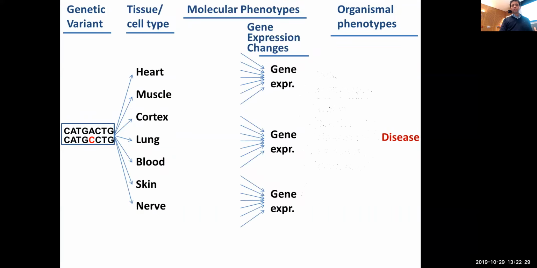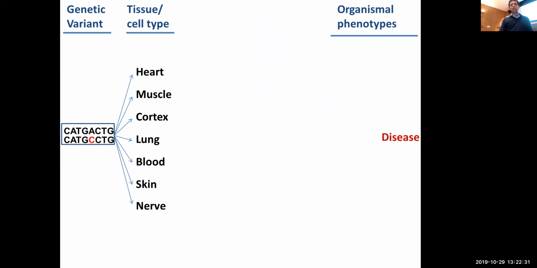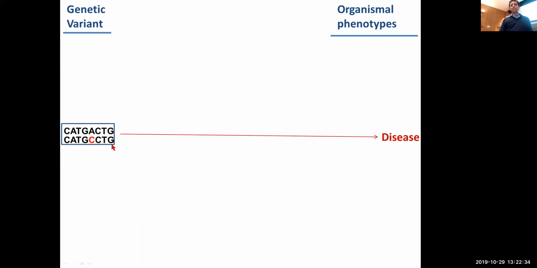The goal is to bridge the gap between genetic variation and disease. This gap is very, very long, and each of these genetic variants has a tiny little effect for complex traits. There are thousands of these variants that together contribute to disease, but the path is unknown. So what we saw on Thursday is this path of GWAS, of genome-wide association studies, is connecting these directly.